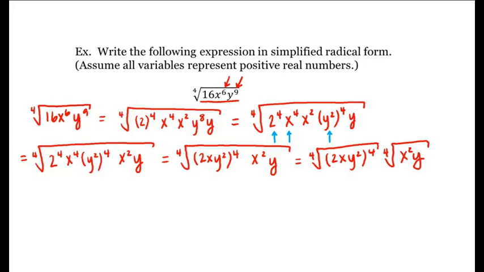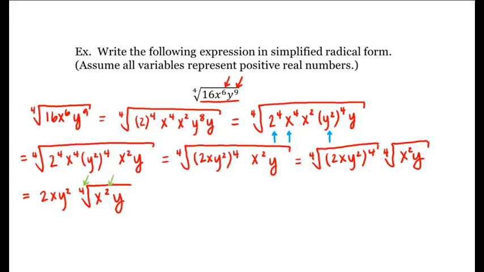And now the fourth root of 2xy squared to the fourth is 2xy squared. And then we still have this fourth root of x squared times y. So the question is, are we done? And we're not, because 2 and 4 have a common factor other than 1.